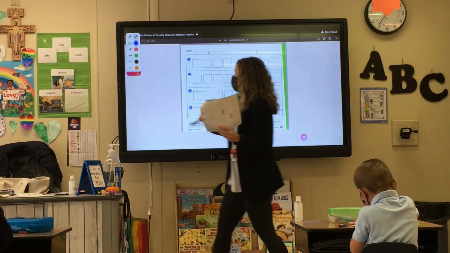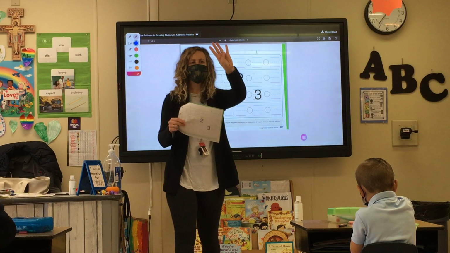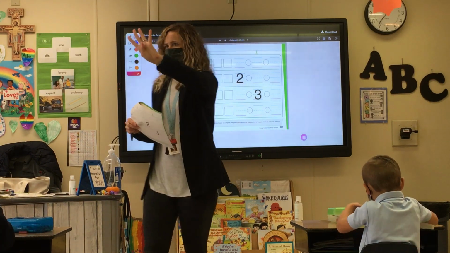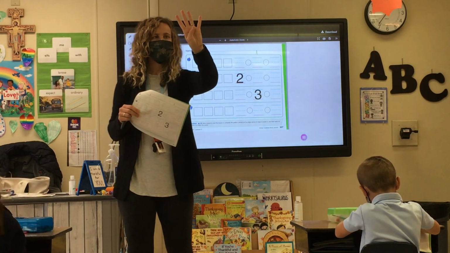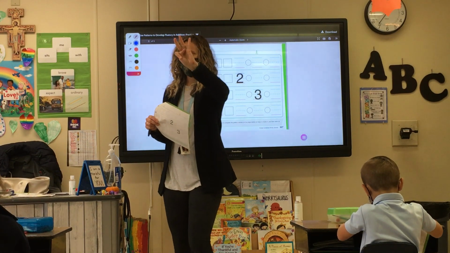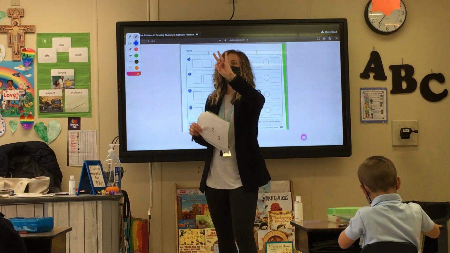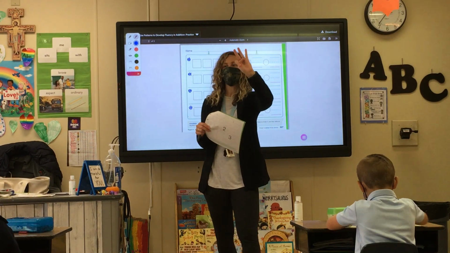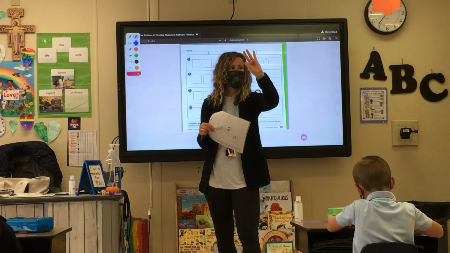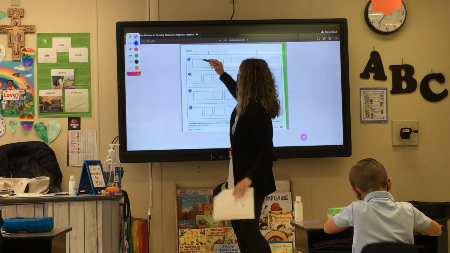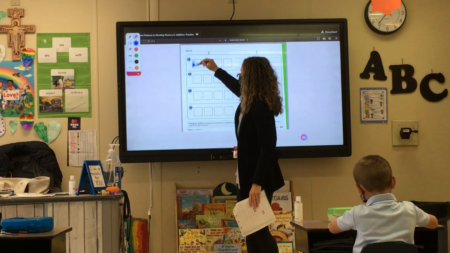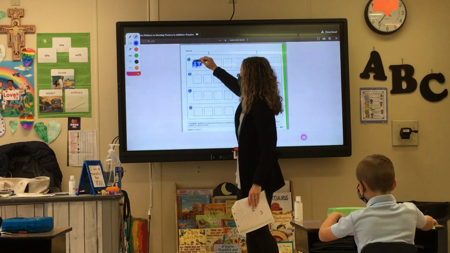So we started with 4 blue. Now what we're going to do is take 1 blue away. So we're going to start with how many blue this time, Riley? 3. So start with the first 3 blue. Remember, we're starting on the left.